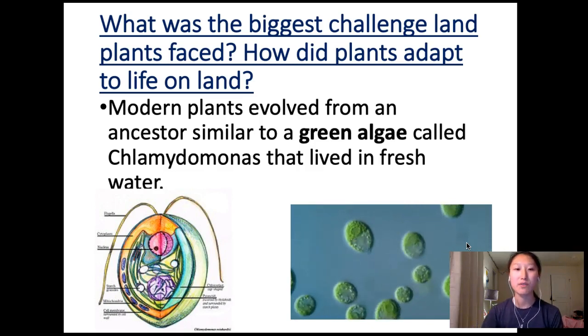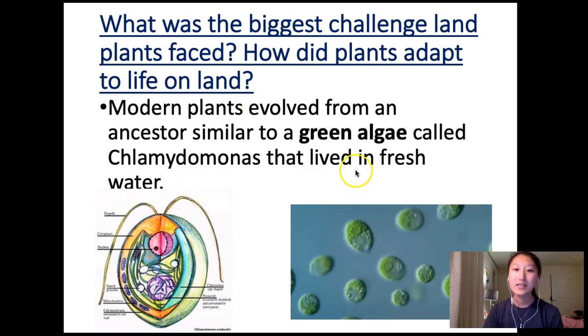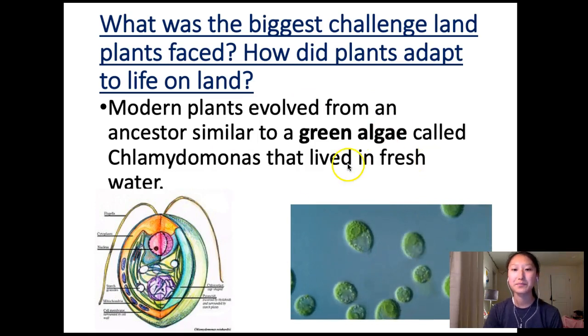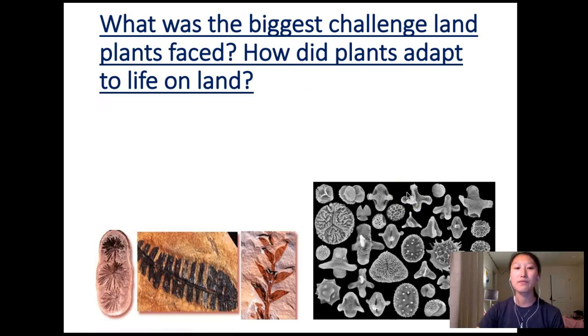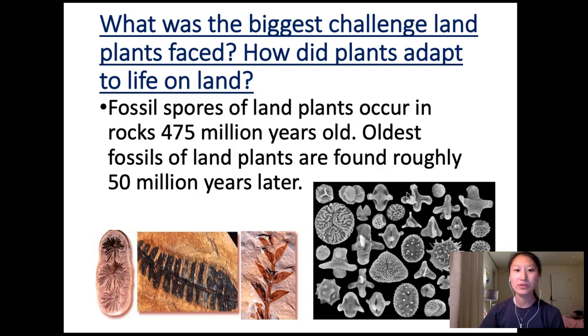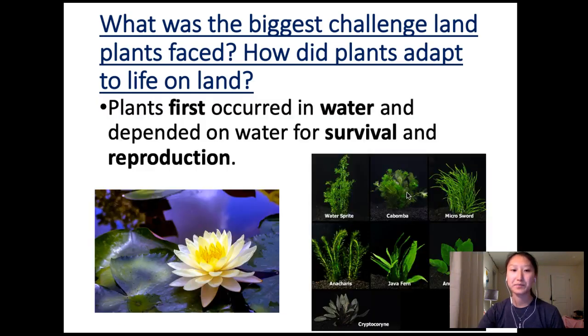So modern plants evolved from a common ancestor similar to the green algae nowadays, and they used to live in fresh water. And then we can also see fossil spores, since in the old days plants used to reproduce using spores, but it's different now. Most plants don't reproduce using spores.